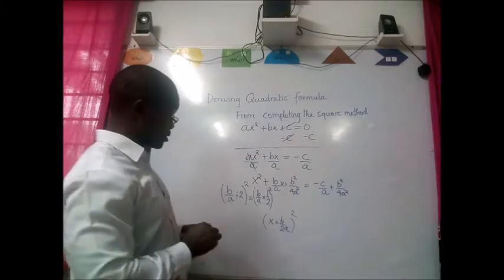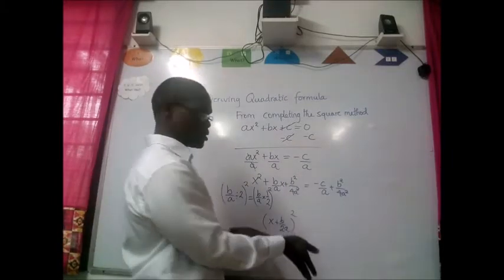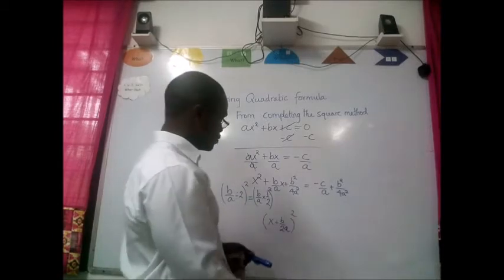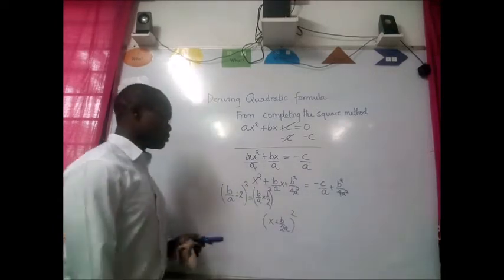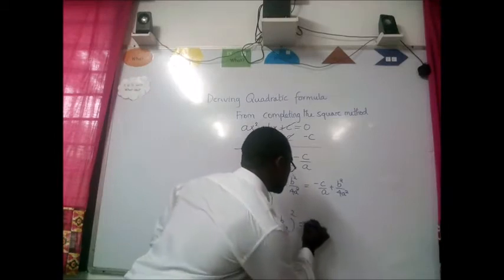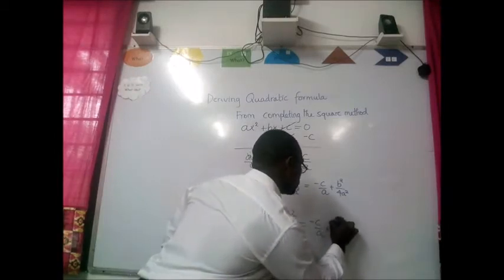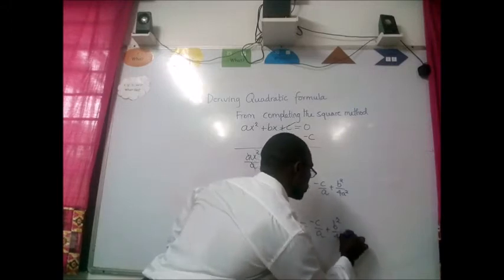This is a perfect square, because if I multiply this by itself, you get this expression. This is how we get the perfect square, and it is equal to negative c over a plus b squared over 4a squared.